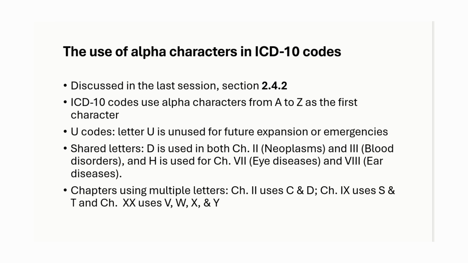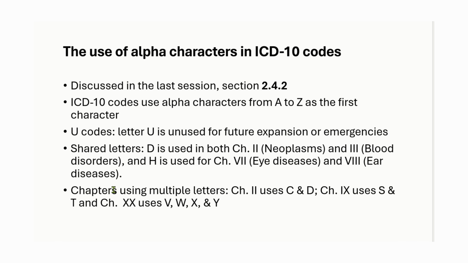The use of alpha characters was discussed in the last session, and in volume 2 it is described in section 2.4.2. ICD codes use alpha characters from A to Z as the first character. We should remember that some codes are unused and they've been left for future expansion and emergencies.